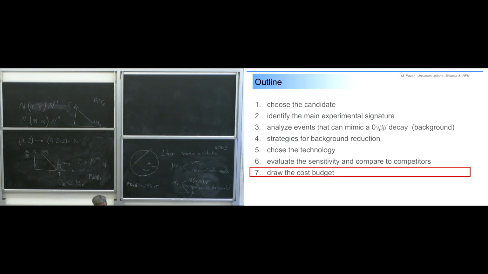Okay, maybe I have also one slide. So what is the present situation? If you want a full list of double beta decay experiments, it's huge. But of course, those that are very sensitive, we compare them on the Majorana mass parameter.